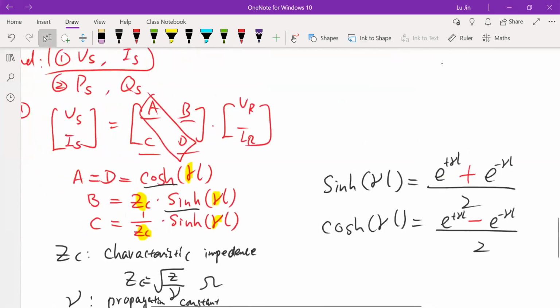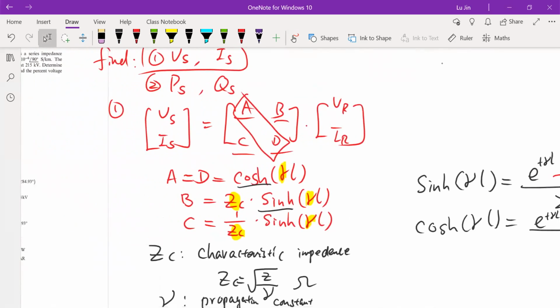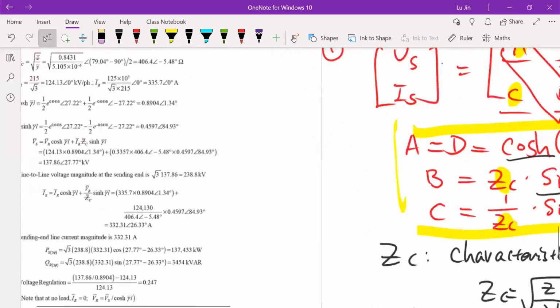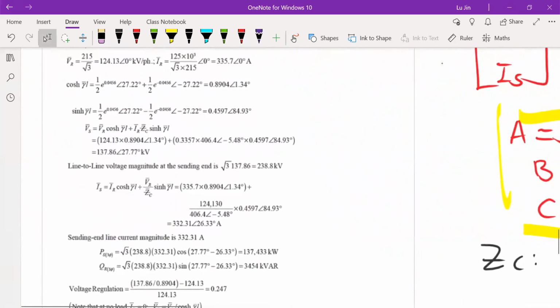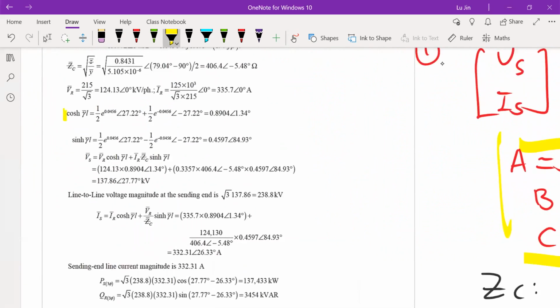So let's go back to our ABCD model. Let me have a quick look at the conditions of the question. To solve this question, first of all, we need to calculate the values of the A, B, C, and D parameters by using the formulas given below. In the solution, the detailed calculations are given here. See here, the cos function and the sin function are all given, so we have such results.